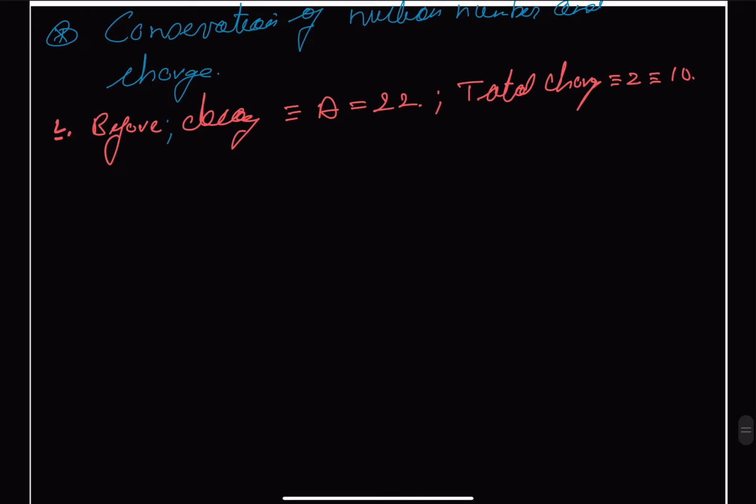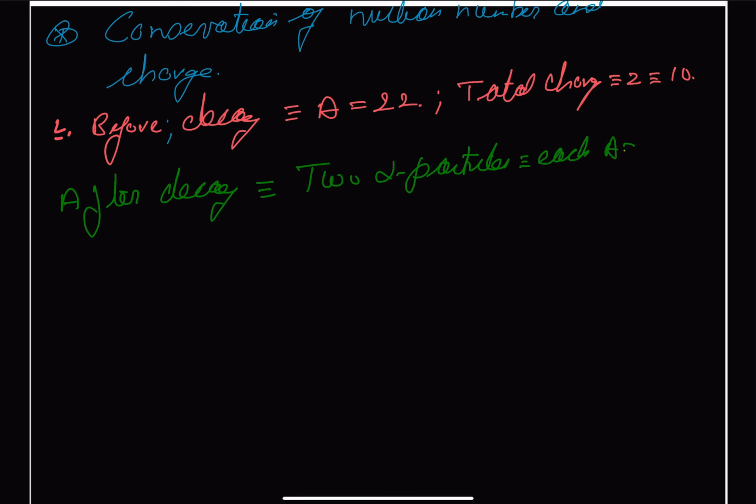And after decay, it says that 2 alpha particles, each having a mass number of 4 and Z equal to 2.